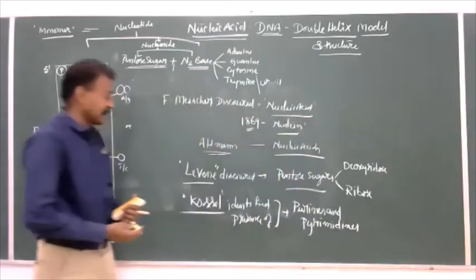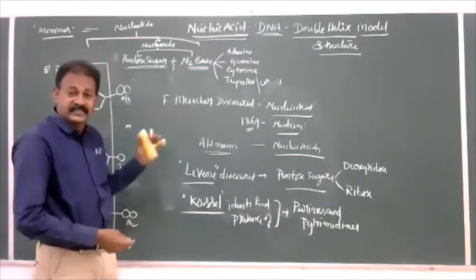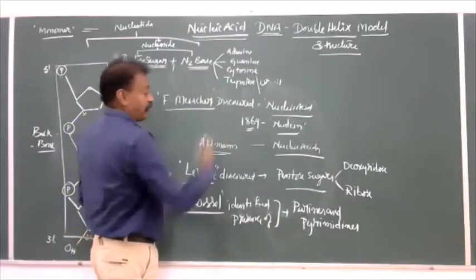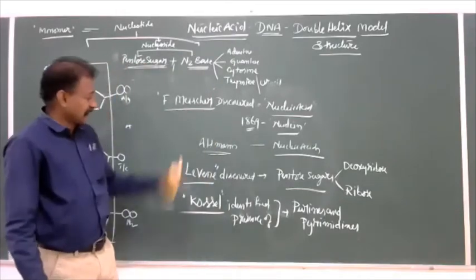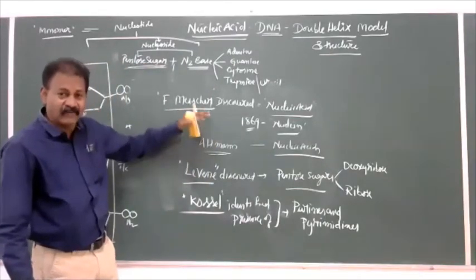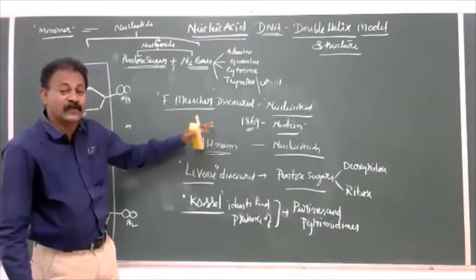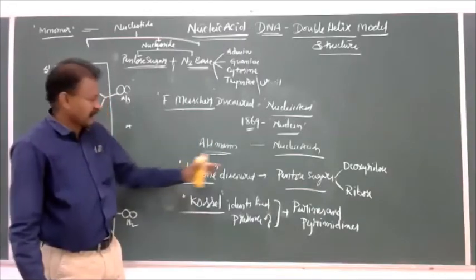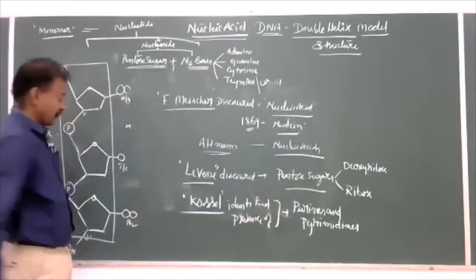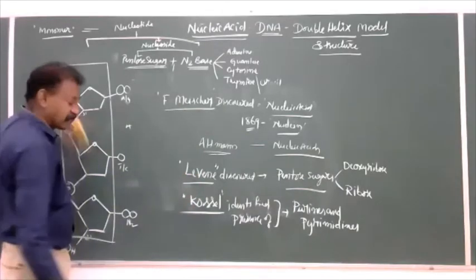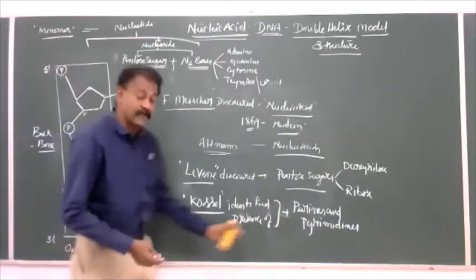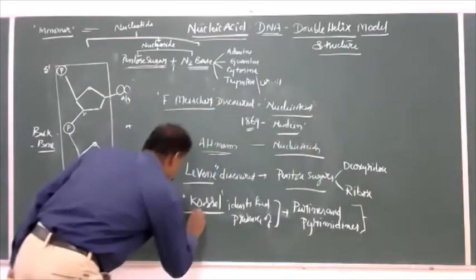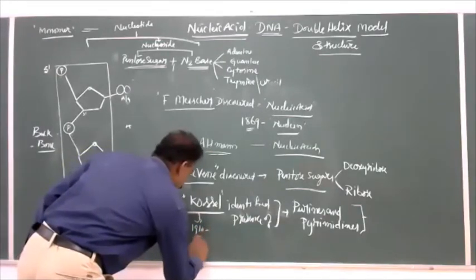So if we take the historical account of the discovery, even though it was discovered for the first time long ago, gradually one by one, all the components of the nucleic acids or nucleotides were discovered. Pentose sugars were discovered by Levene, and purines and pyrimidines were discovered by Kossel, and Kossel got the Nobel Prize for this discovery in 1910.